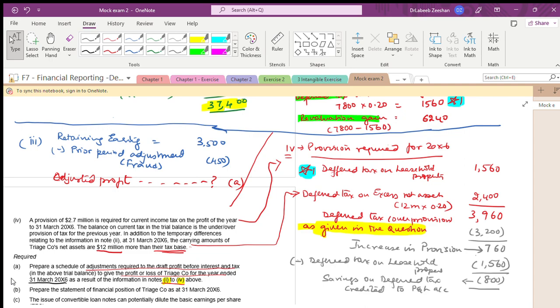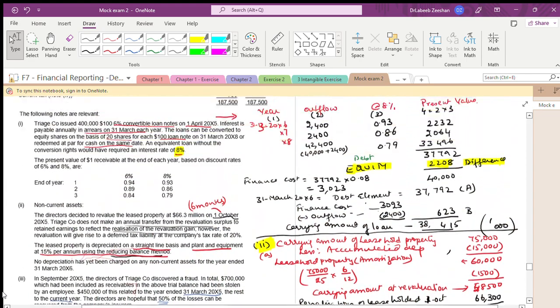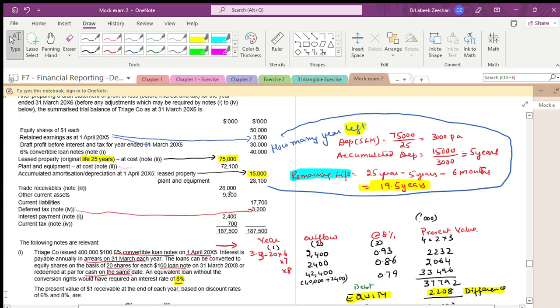The balance is 2,400. They have the balance in both accounts: one in deferred tax and one in current tax.